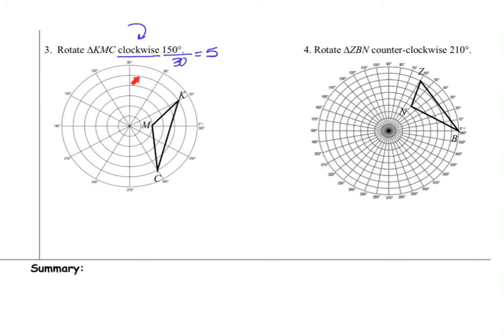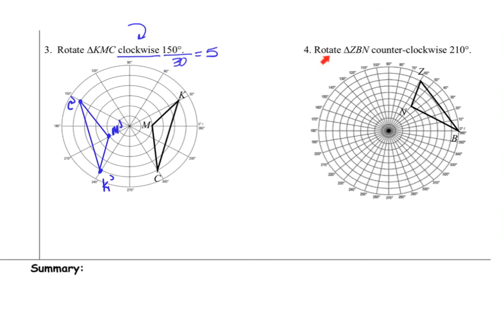So that means we're going to move each of the points 5 times clockwise. So let's start at C. If I count over 1, 2, 3, 4, 5, point C would be on this axis even with 150 degrees. Go ahead, pause the video, and take a moment to rotate the rest of the points. Here is what your new triangle will look like.